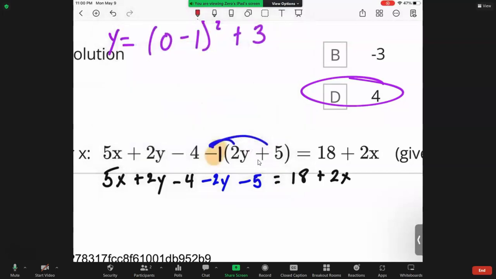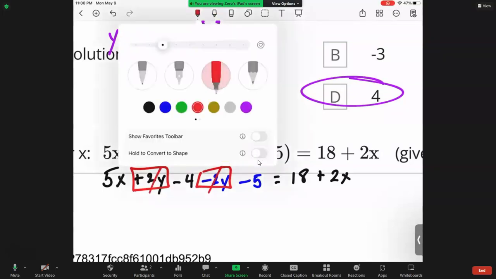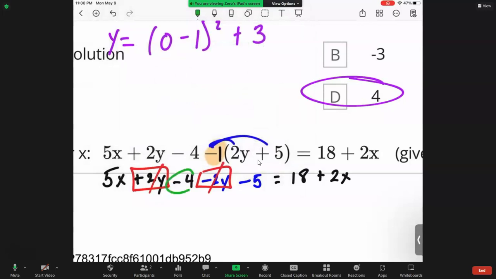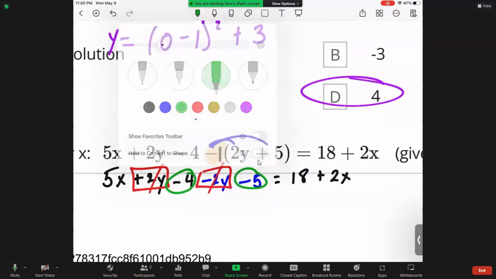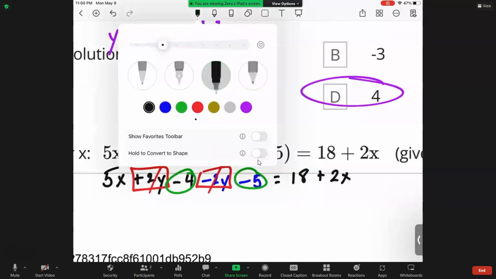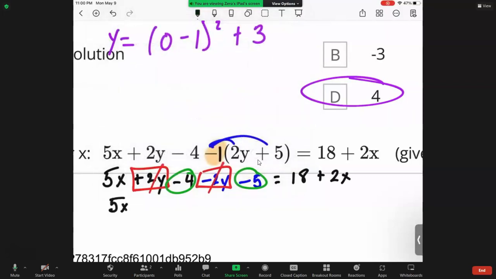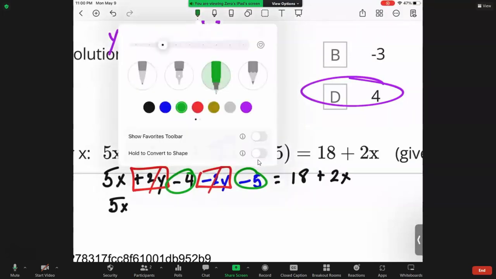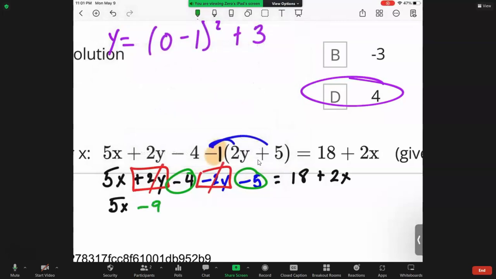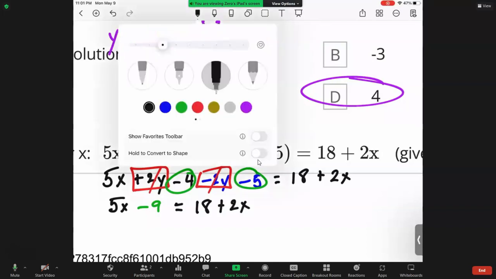If you notice here, positive 2y minus 2y, they cancel. And then I can combine some like terms. We have negative 4 and a negative 5. That makes negative 9. So we have 5x minus 9 equals 18 plus 2x. Numbers go with numbers, letters go with letters, right? So I want to subtract 2x from both sides.